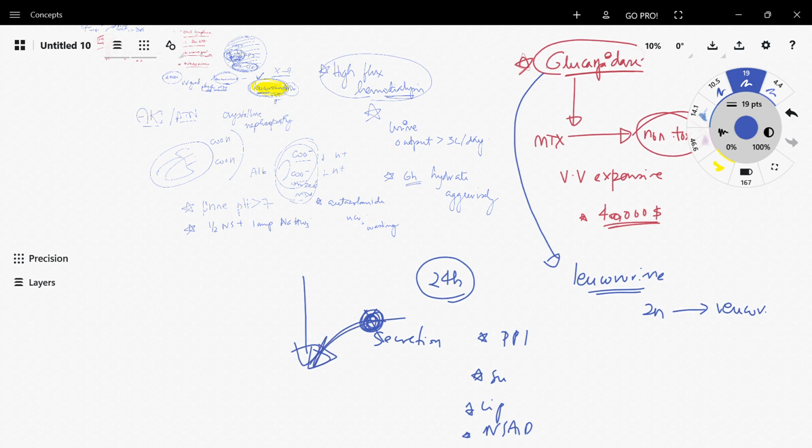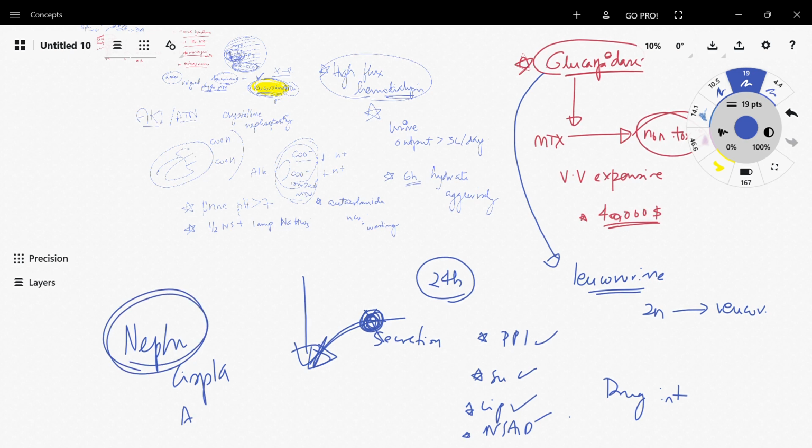So these are also some potential drug interactions, right? And you should be careful not to administer nephrotoxic drugs like cisplatin and aminoglycosides and all of those, the ones which are known to cause nephrotoxicities. You don't want to administer them along with methotrexate. There are a bunch of drug interactions that you have to be mindful of.